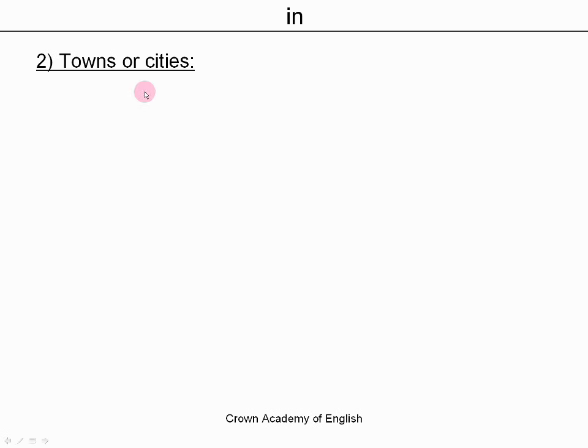And this is a very important one. This is very common. So we use the word in when we are talking about towns or cities. So he lives in Manchester. Okay. We do not say he lives at Manchester. We say he lives in Manchester.